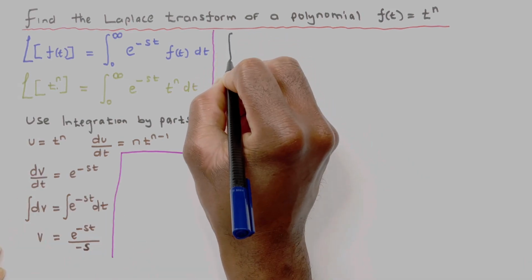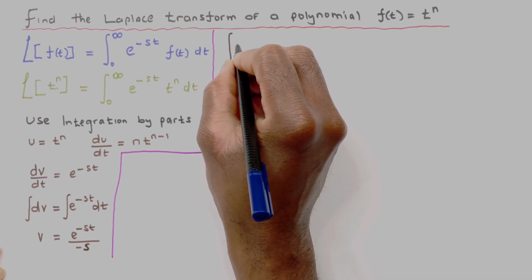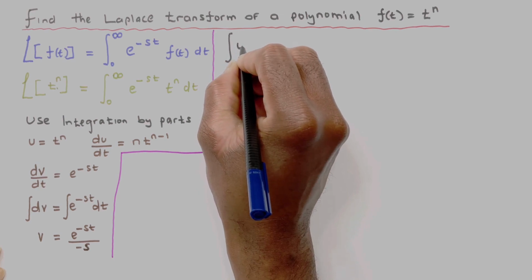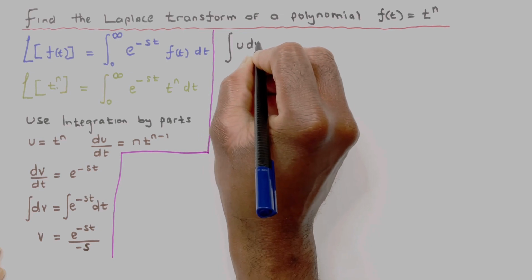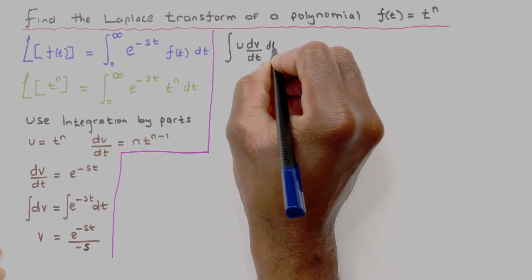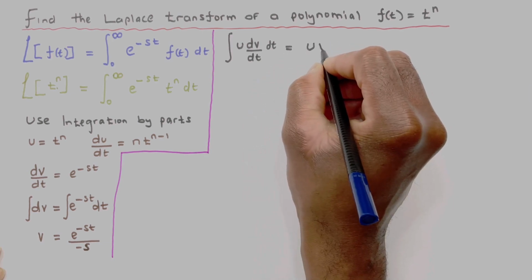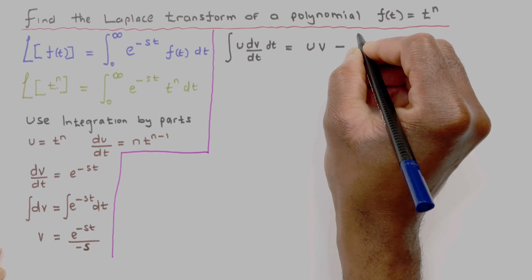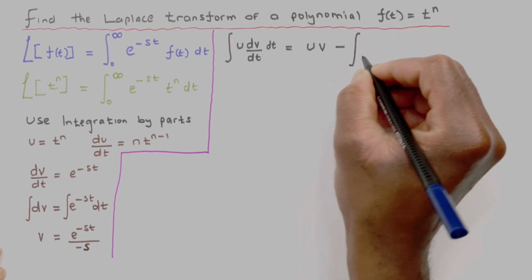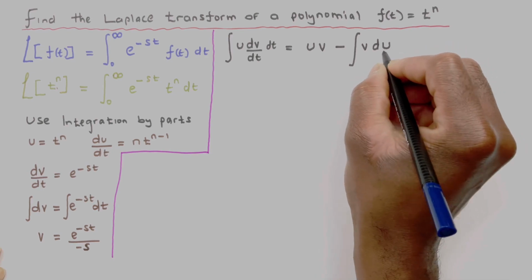And now we're going to substitute everything back into the integration by parts. So let's write the integration by parts, which is the integral of u dv dt equal to uv minus the integral of v du dt.